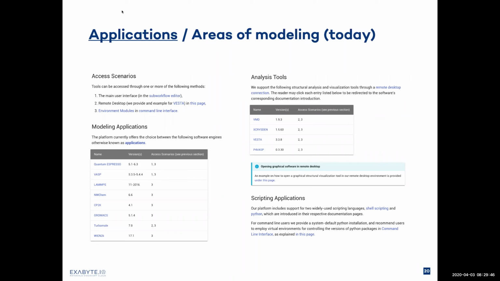So through the user interface, which is number 1 here, we support only Quantum Espresso and VASP. So these are the most well-integrated engines today. On the infrastructure level, through command line, we support LAMMPS and NWChem as well, CP2K, GROMACS, TurboMole and VM2K. And through remote desktop, we support, of course, all of this through the remote desktop terminal, and through the graphical interface, we support TurboMole in this case.